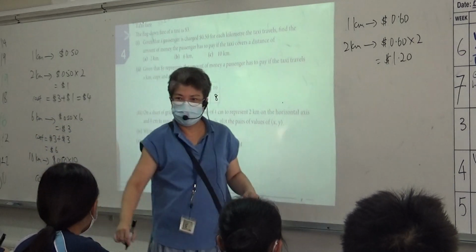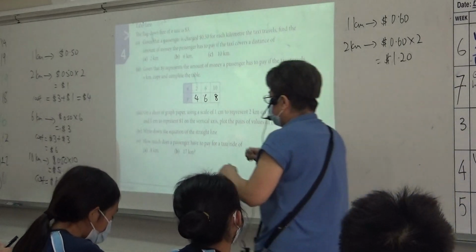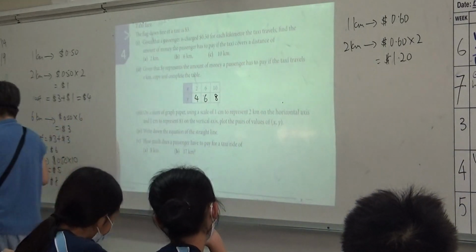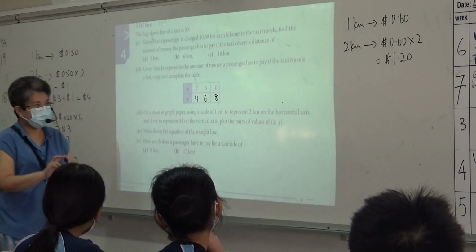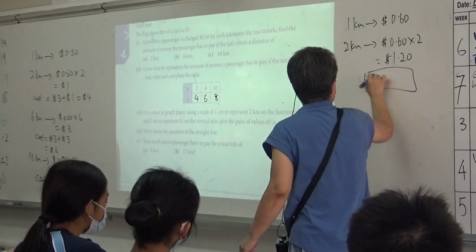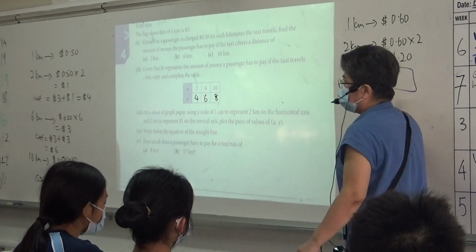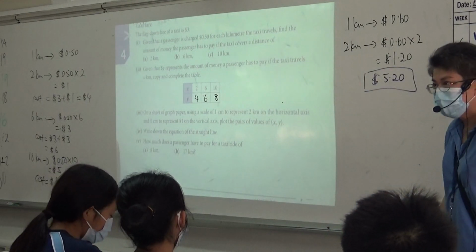Now, likewise, I'm going to write in another color. All of you, those with the 60 cents one, the cost will be $5.20, right? Correct now?